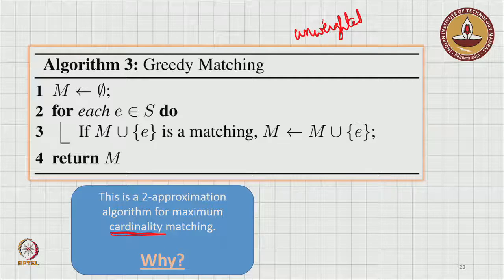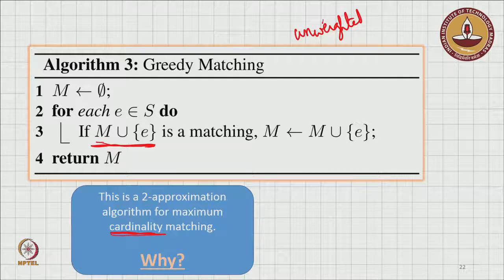Now we look at edges one at a time, and for each edge we first check whether including the edge E into the current matching retains the matching property. What is the matching property?